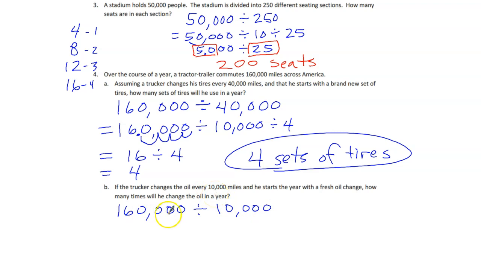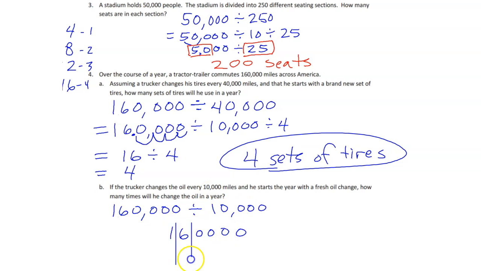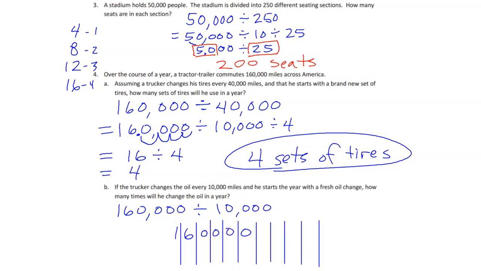So now I know that if I put this on a place value chart, put those extra spaces in, you don't really need them because you don't have to show those zeros, but I'm going to show every move. So divide by 10,000. That's 1, 2, 3, 4 jumps I need to make.